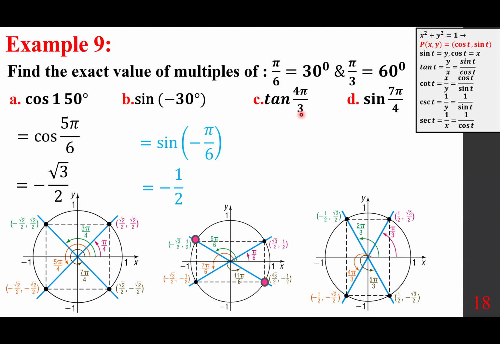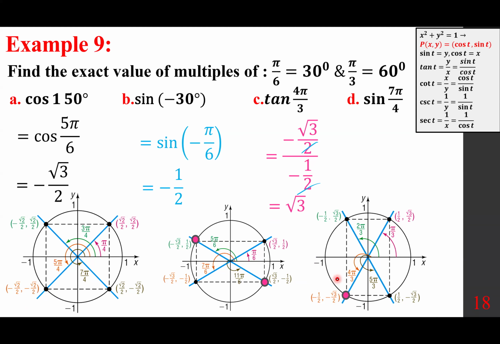So 4 pi over 3 is this point, everybody. Here's the sine, here's the cosine, the ratio of this number to this number. As you know, negatives cancel each other, 2's cancel out. Minus square root of 3 over minus 1 is positive square root of 3. And that shows that, by the way, in the first and the third quadrant tangent, and therefore cotangent, both of them are positive.